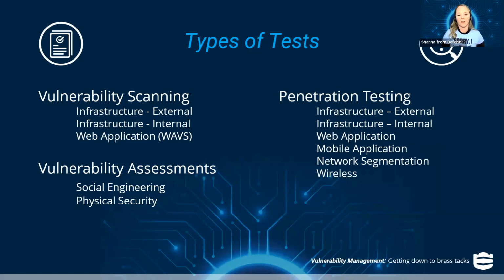The goal here is to identify rogue access points, any weaknesses in encryption, WPA vulnerabilities, any man in the middle attacks that could be successful, or, again, going back to that network segmentation side of things, whether you're able to jump, let's say, from the guest wireless network over to the corporate network.